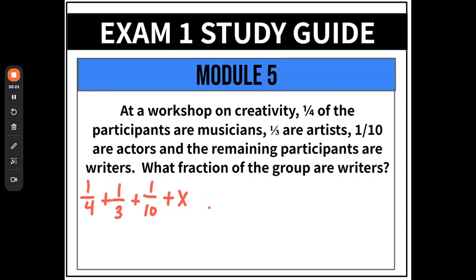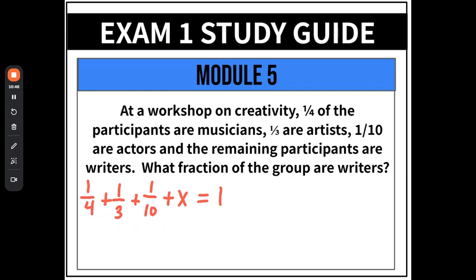What fraction of the group are writers? Okay, so in our equation here, for it to be an equation, we have to have an equal sign. But the whole group we know is going to be 1 whole. For it to be complete, it needs to all equal 1 whole. So, since we're adding fractions here, we know that we need to create common denominators.